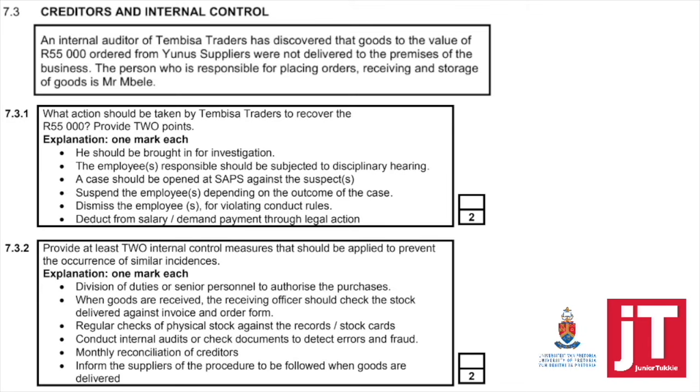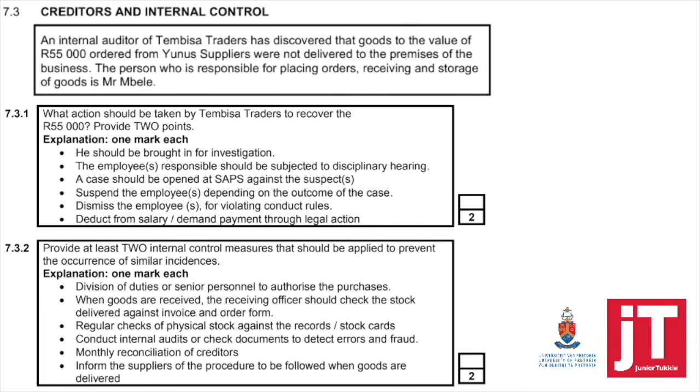Looking at creditors and internal control. An internal auditor of Tembisa Traders has discovered that goods to the value of 55,000 ordered from Yerno Suppliers were not delivered to the premises of the business. The person who is responsible for placing orders, receiving and storage of goods is Mr. Mbele.